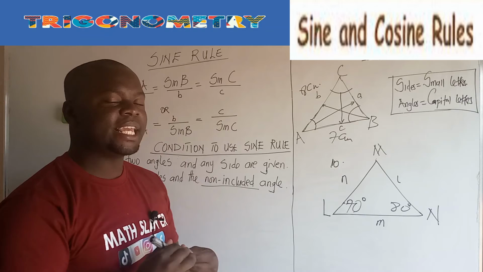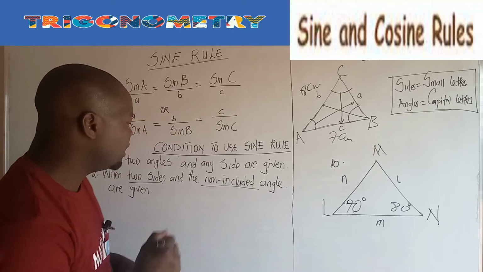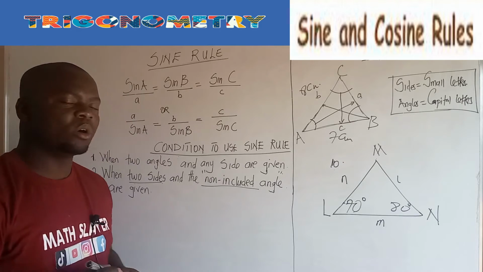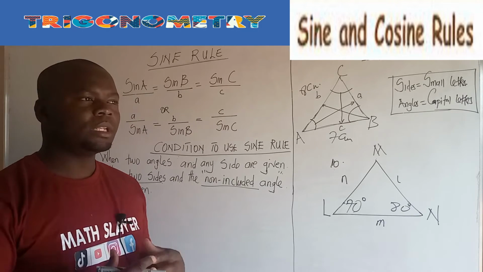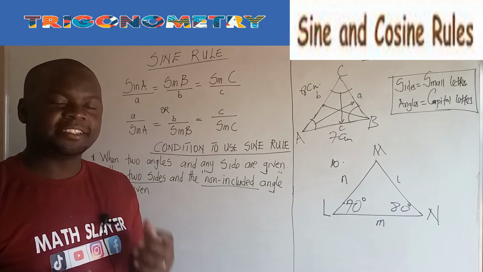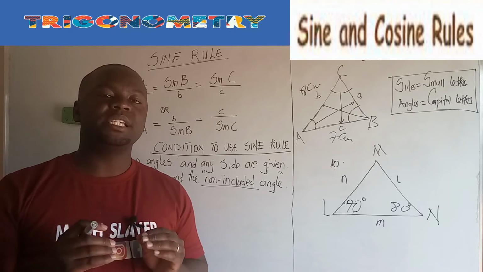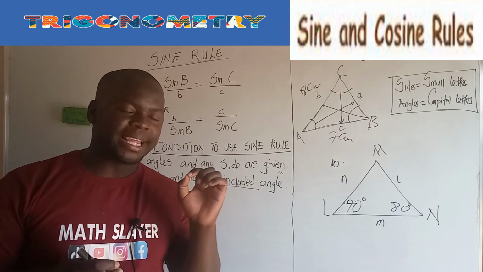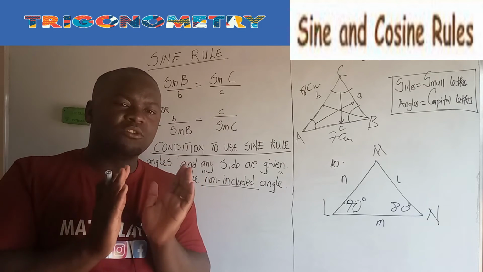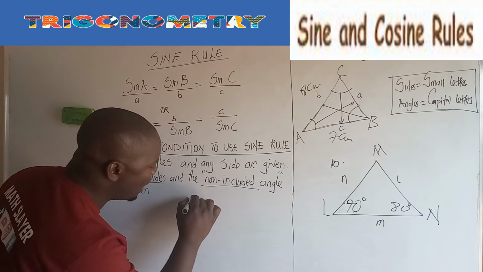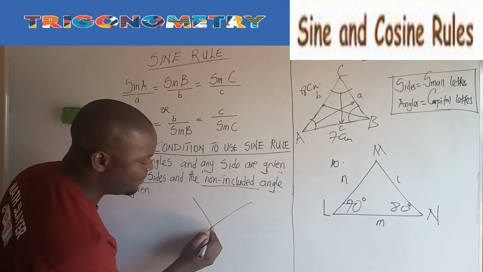Now, which one is a non-included angle? This word. So let's try to interrogate the meaning of the word non-included angle. What you need to know is that an angle is an area which is formed when two lines meet. So for example, if you have this line and this line, they are meeting here.